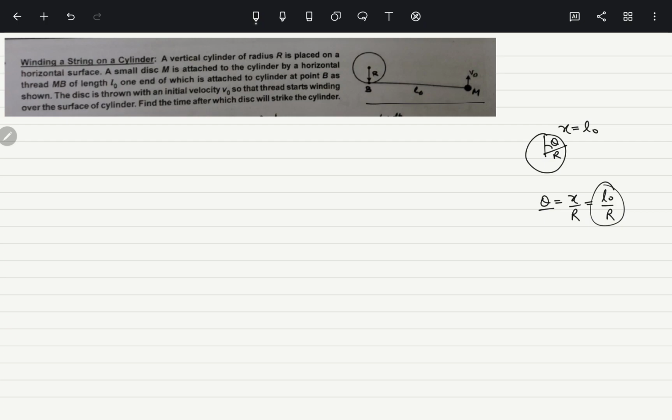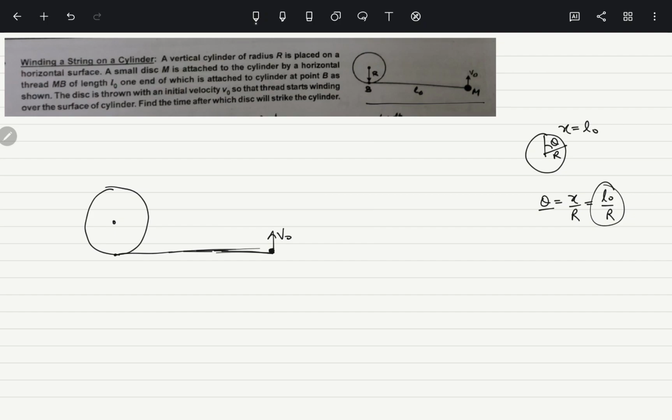So now let's just see. This is a cylinder here, and we are projecting this disc with the velocity v naught. So at any instant we'll write the conditions.